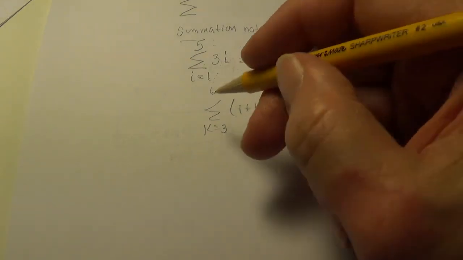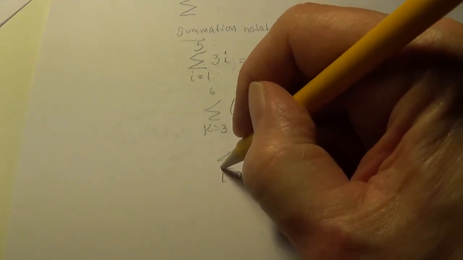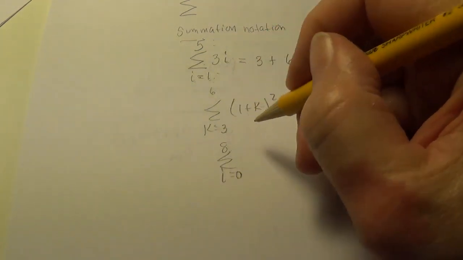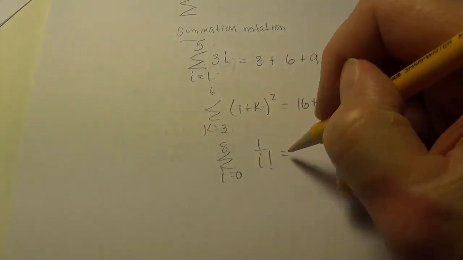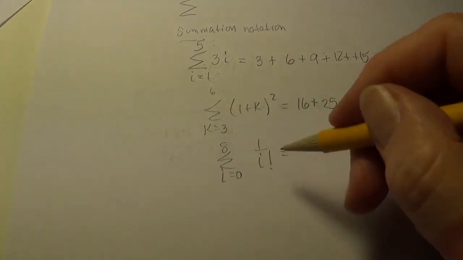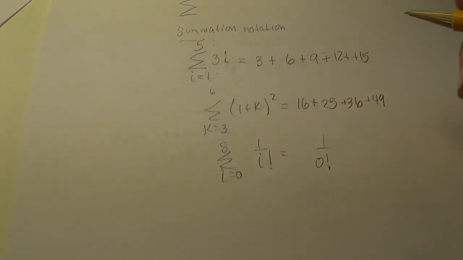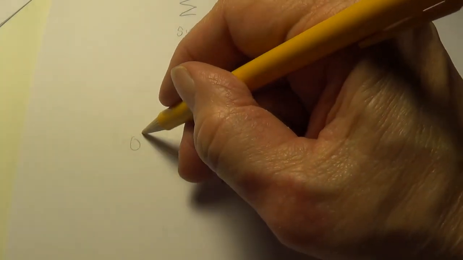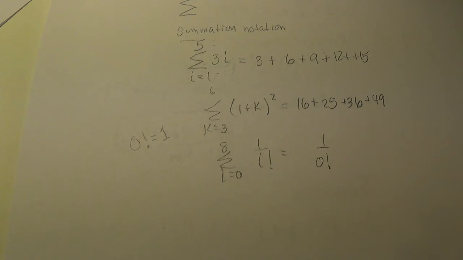The counters can also start at 0, and summations can have factorials in them, so go figure. 1 over i factorial. So if I start at 0, I get 1 over 0 factorial. 0 factorial is defined as equal to 1, just by definition.